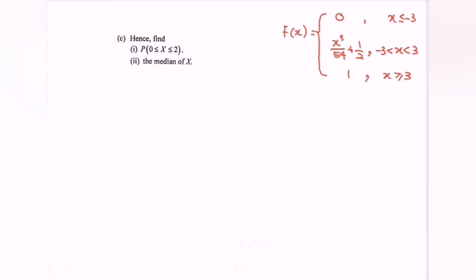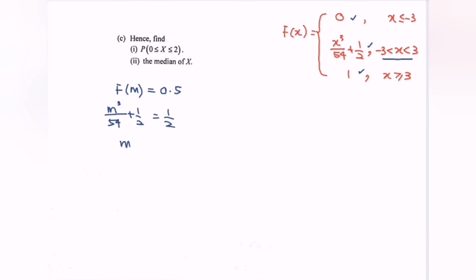Next is to find the median. So here, we have F(m) equal to 0.5. For this case, there is no need to test because we only have 0, then the second function, and 1. So it is very obvious that m is located between negative 3 and 3. So kindly substitute: m to the power of 3 over 54 plus 1 over 2 equals 1 over 2.